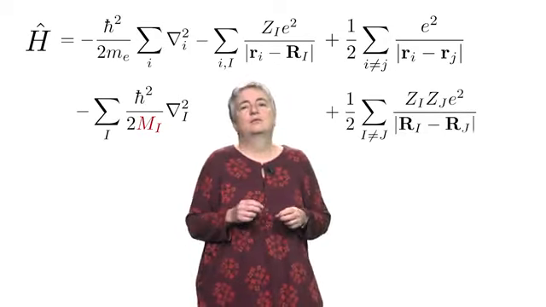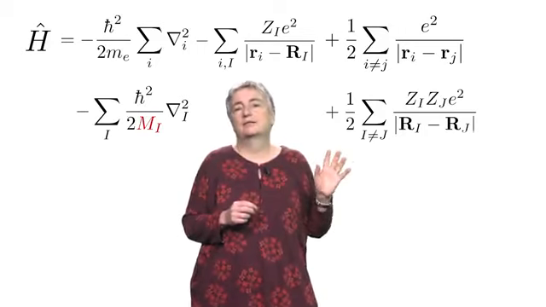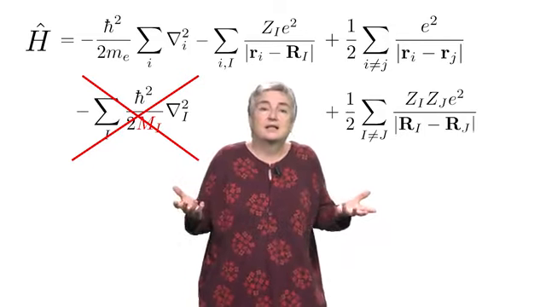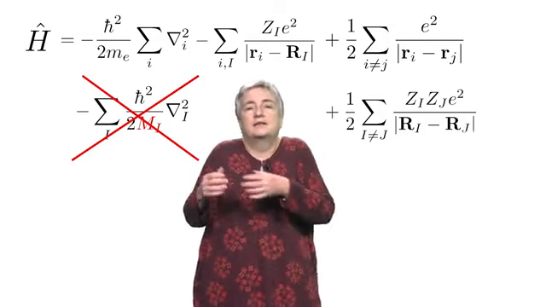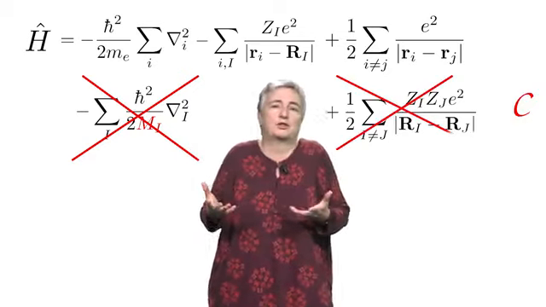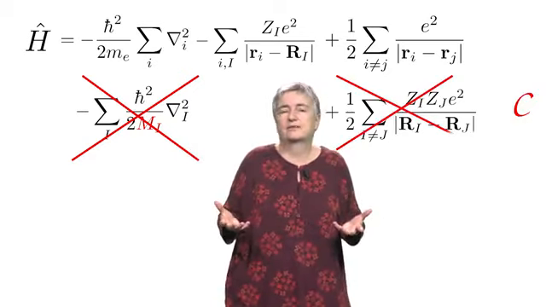The mass of the nuclei is much larger than the mass of the electrons. This means that we can neglect their kinetic energy. And their Coulomb interaction adds just a constant if we consider the position of the nuclei as parameters.